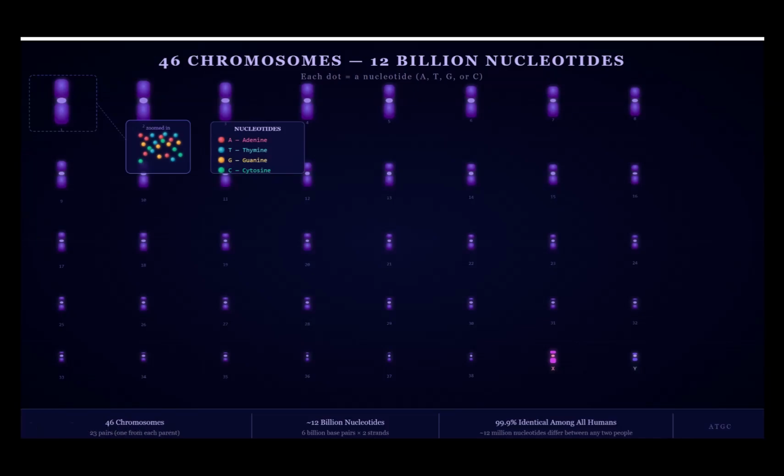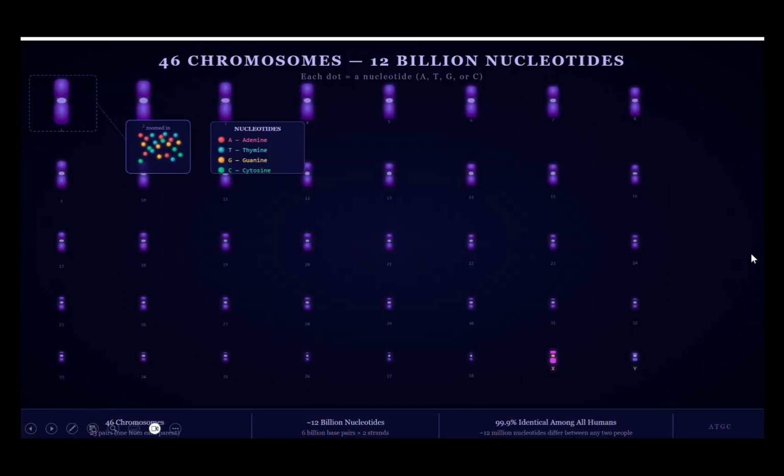Now, guess what? These 46 chromosomes that we have in every cell comprise a total of over 12 billion nucleotides arranged in different ways. Each chromosome has different arrangements of these nucleotides, 46 chromosomes.